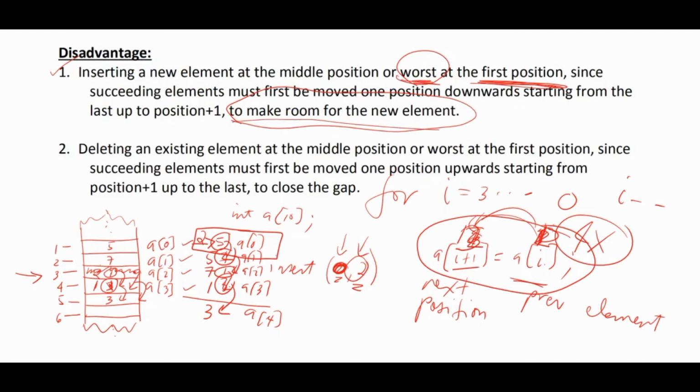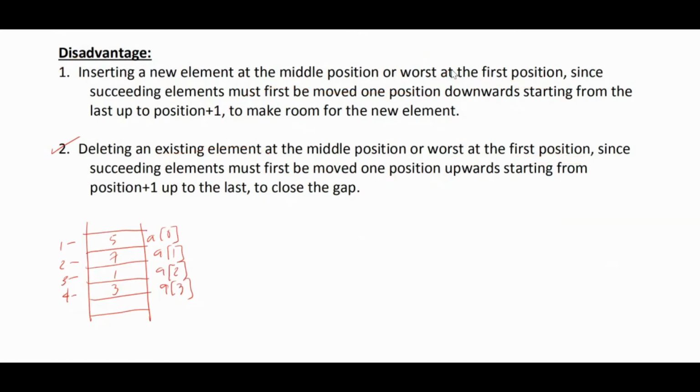The second disadvantage is deleting an existing element at the middle position, or worst, again, at the first position, since succeeding elements must first be moved one position upwards, starting from position + 1 up to the last to close the gap.